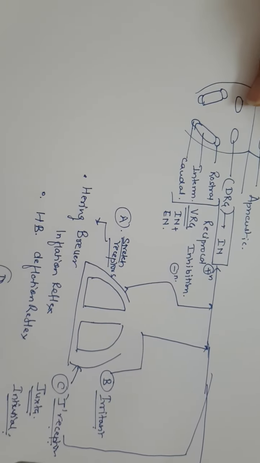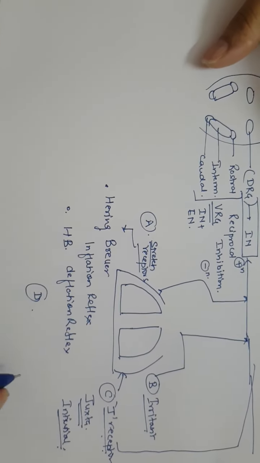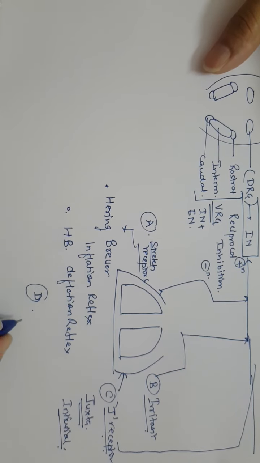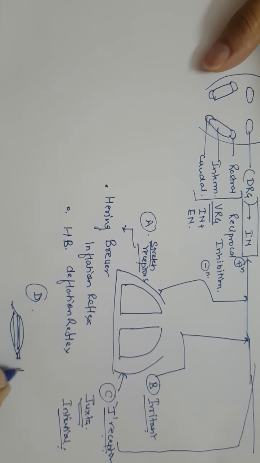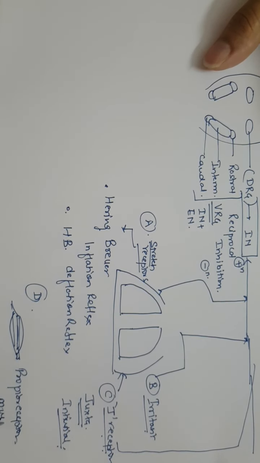Then one more afferent goes to DRG, that is from joints, muscles, the proprioceptors which are present in the tendons, muscles and the joints.